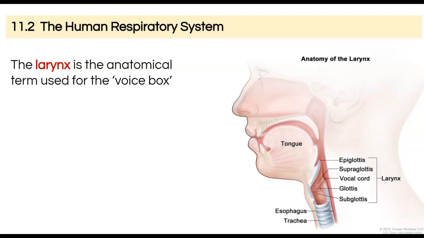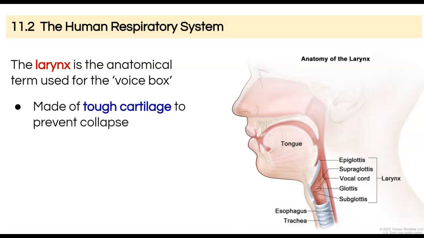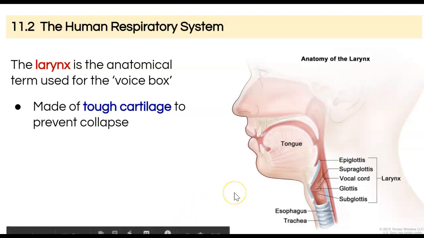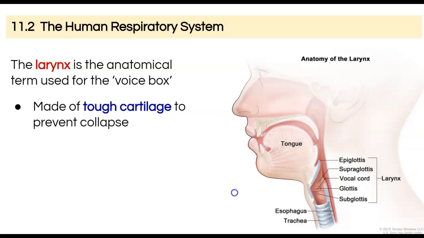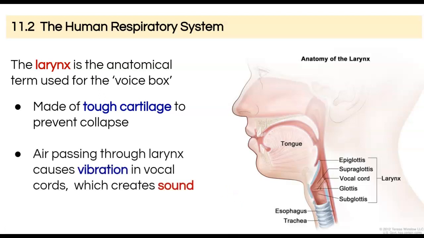It's a structure in our respiratory system that has air passing through it, and that vibrates and creates sound that we can perceive. It's made of tough cartilage to help prevent it from collapsing, which would be devastating. You can crush your larynx, and that can have devastating effects on your ability to produce sound. You have vocal cords, not unlike guitar strings, where they vibrate, and that vibration will create sound.